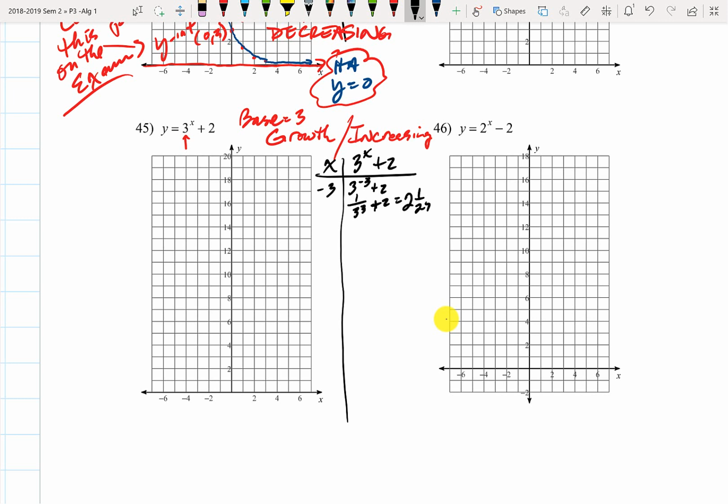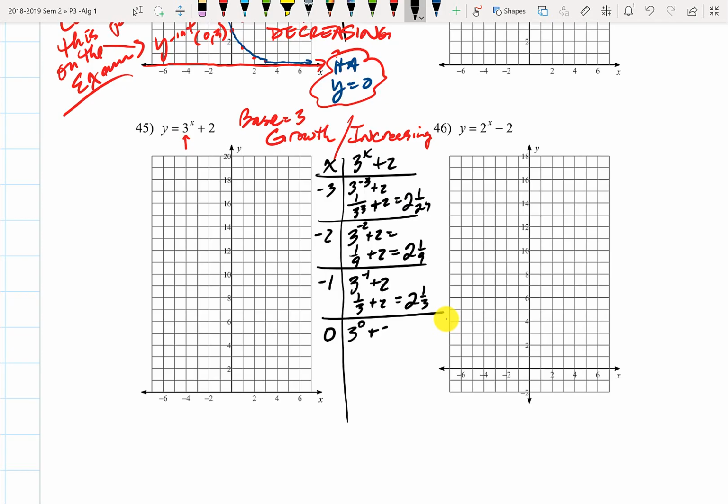So we go left 3, up a little bit more than 2. We'll graph all these in a minute. Negative 2 is 3 to the negative 2 power plus 2. That's 1/9 plus 2, or 2 and a ninth. Negative 1, so you have 3 to the negative 1 power plus 2. That's 1/3 plus 2, or 2 and a third.